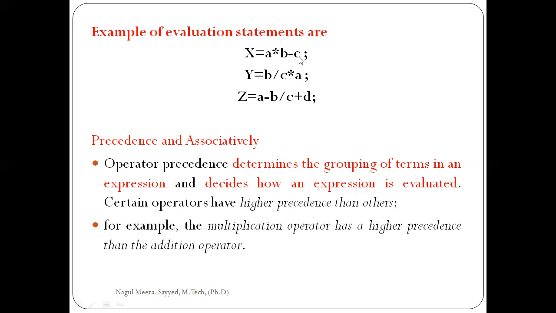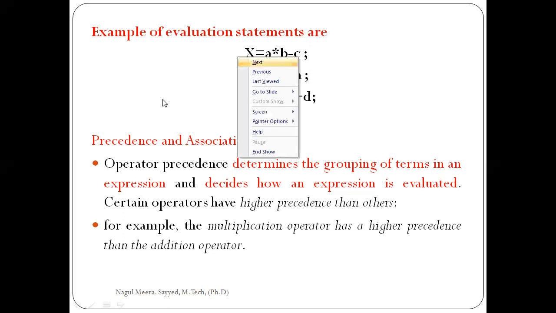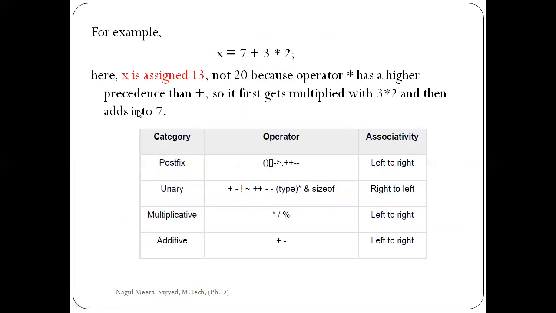Take this example: x equal to 7 plus 3 into 2. Now what is the result? Can you expect it? Is 7 plus 3 performed first, or 3 into 2?